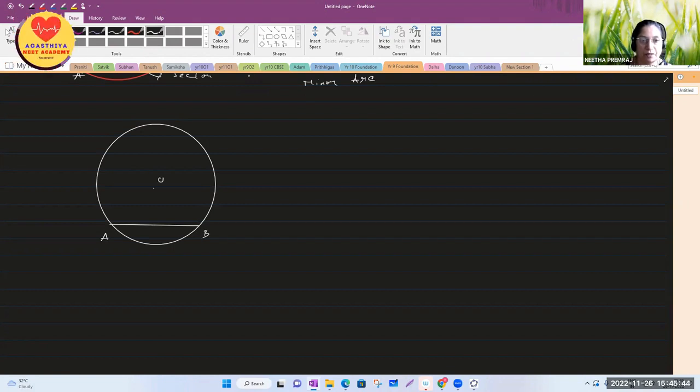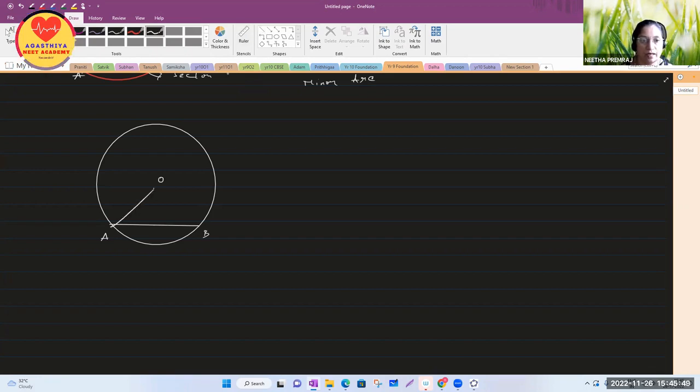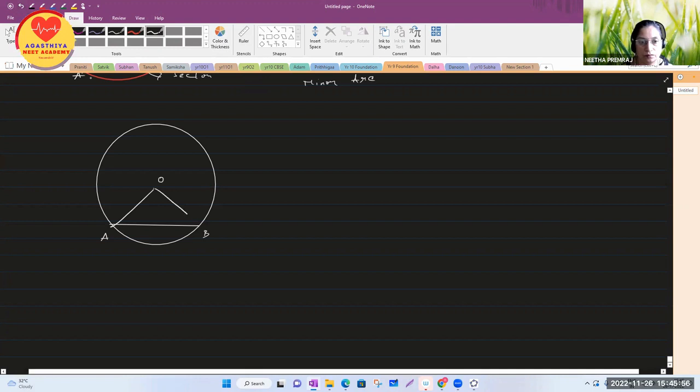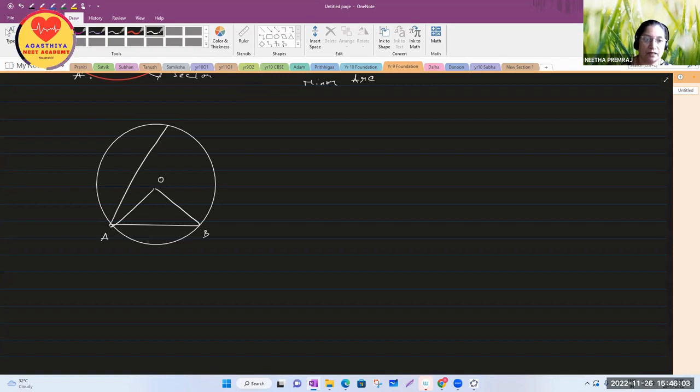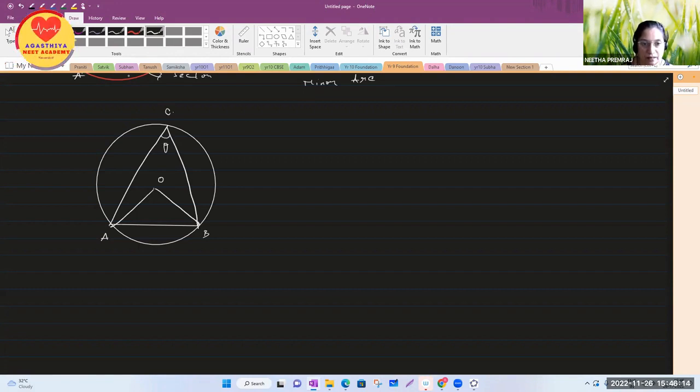This is the center, I name it O. A chord or arc subtends some angle at the center, which will be double the angle the chord subtends at the circumference. Okay, that is a concept. If I name this point C, and this angle is theta, then the center angle becomes 2 theta.